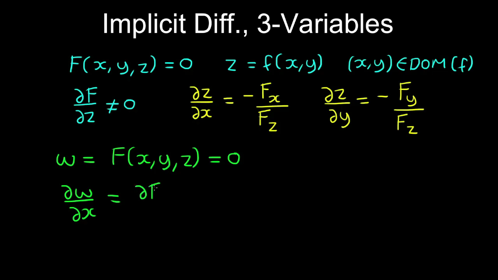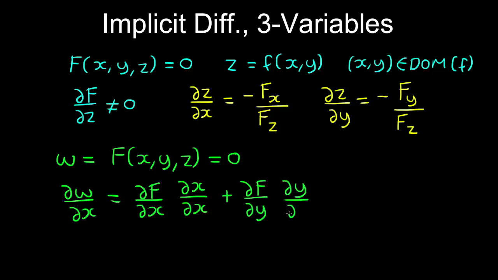So we have the partial of f with respect to x by the partial of x with respect to x, plus the partial of f with respect to y by the partial of y with respect to x, and plus the partial of f with respect to z by the partial of z with respect to x.